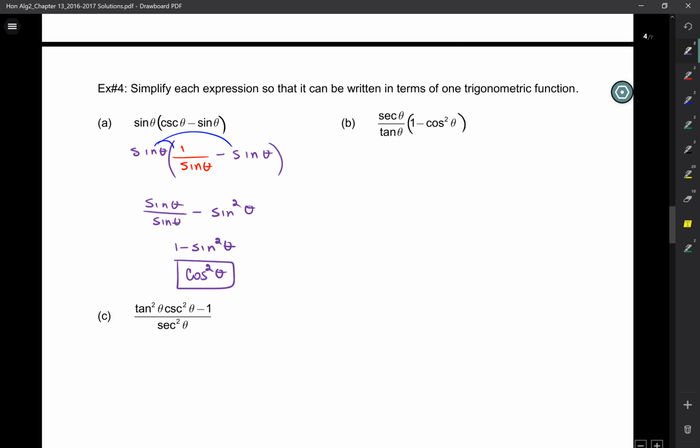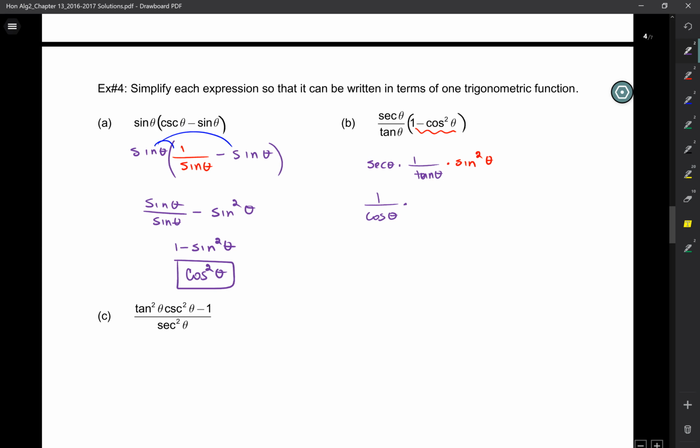Okay. I have secant of theta times 1 over tangent of theta. Can I write it that way? Okay. Now, what's 1 minus cosine squared theta? 1 minus cosine squared? Sine squared theta. Yeah. Now, everything in terms of sine and cosine. So secant is 1 over cosine theta.